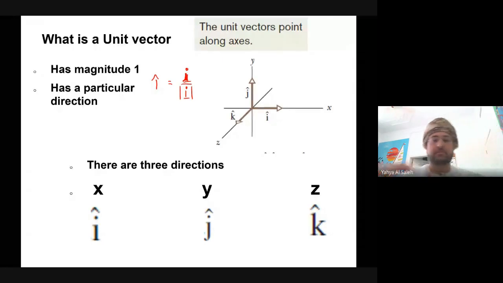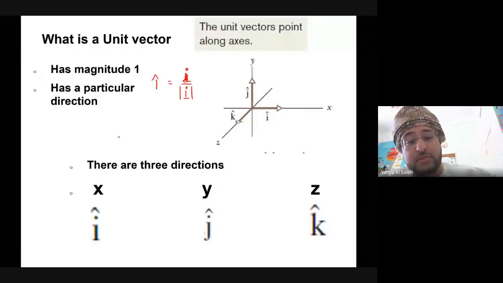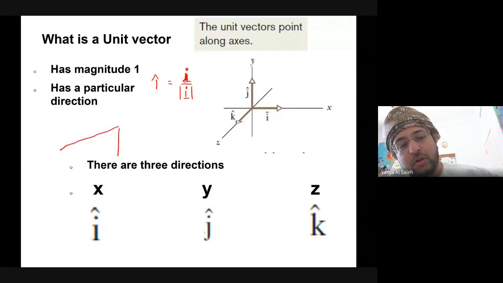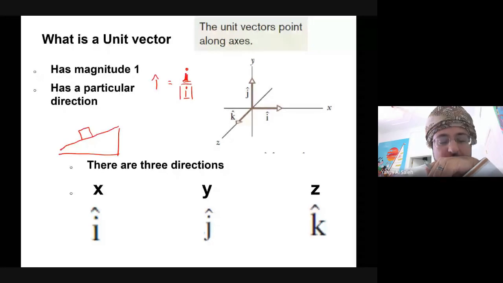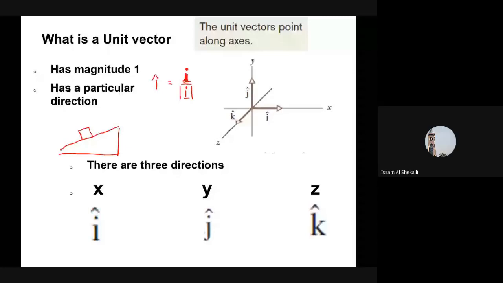Say for example you have a problem, which we will do this kind of problems later on in the course, where we have a book or a ball going up a slope, up a ramp. Now where's my x-axis and y-axis? Anyone? The x-axis is the base and the height is y.